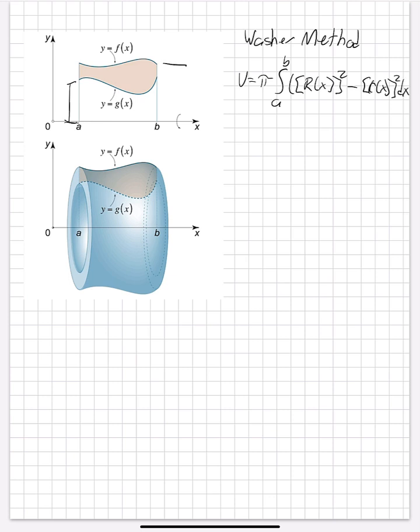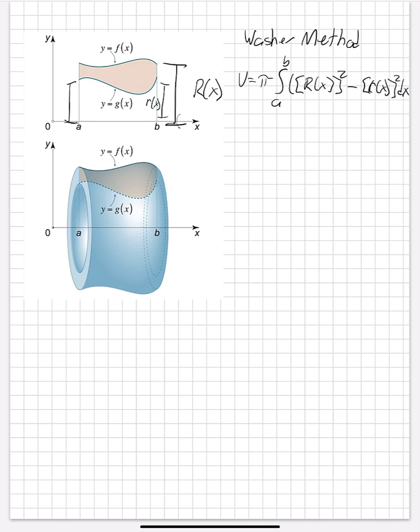Okay, so just to show you, capital R is like the disk method, right? That full function. But then we're going to subtract off the lowercase r of x, which is just the gap, or the difference between the bottom of the region and the axis.